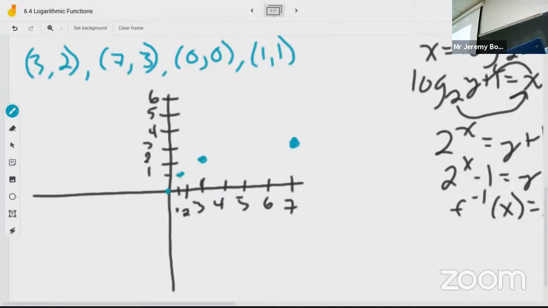What about that? Now, we know that x being -1 is the domain restriction. It can't be -1 and it can't be less than. So it has to be greater than -1.